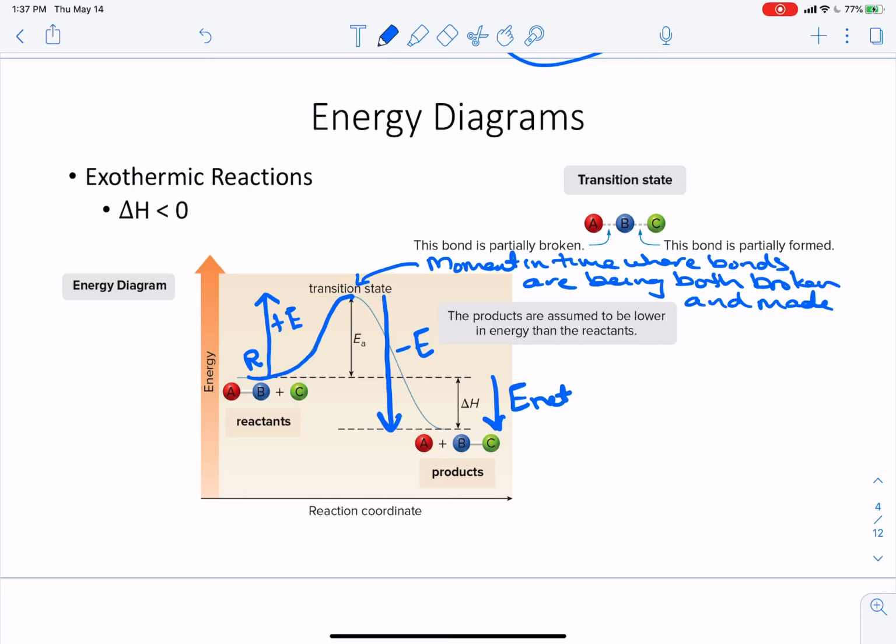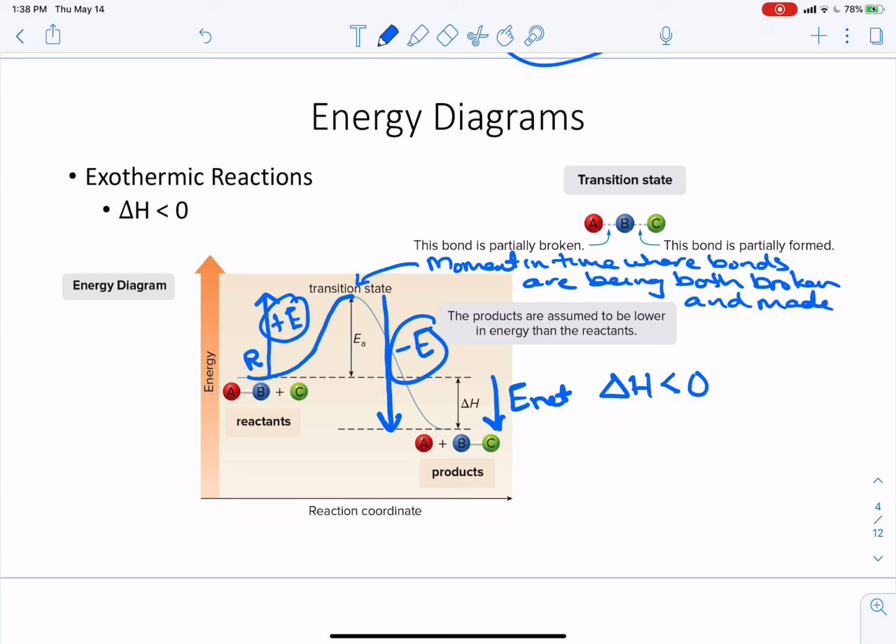And that's our delta H. So the delta H for an exothermic reaction is less than 0 because the negative E right here, the energy released, was a whole lot greater than the energy taken in, which was the positive value. And when your negative value is really large and you add it to a smaller positive value, your net value is going to be negative.